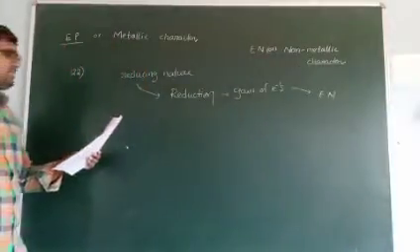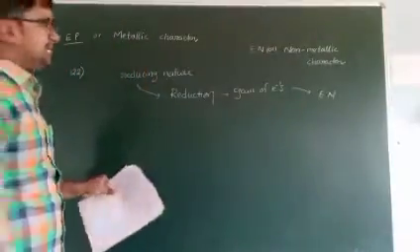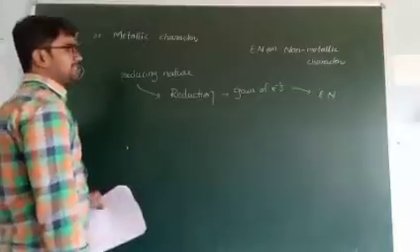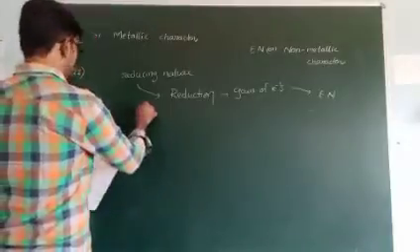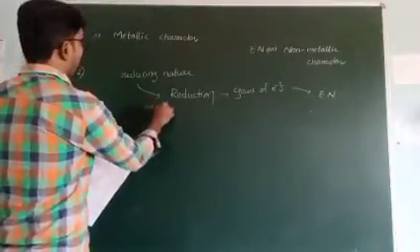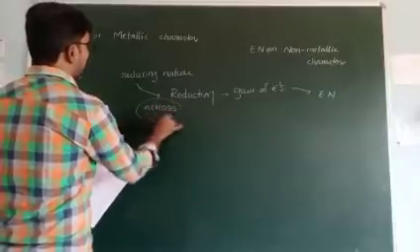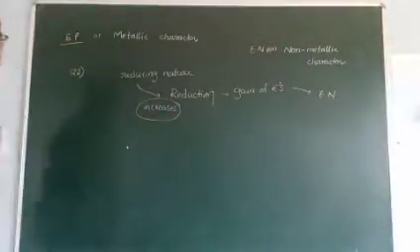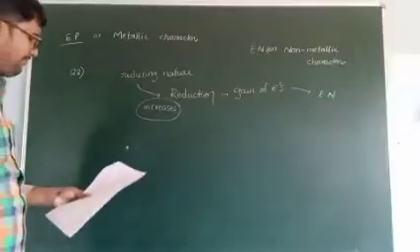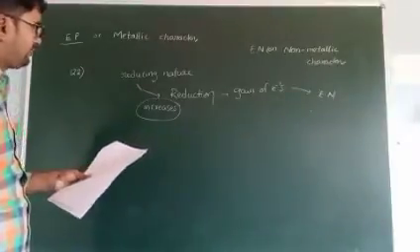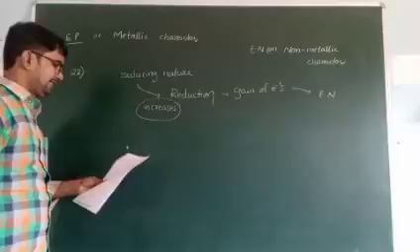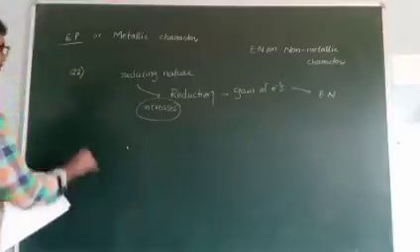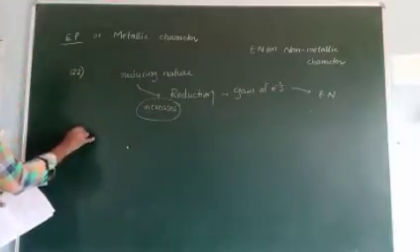Then the reducing nature across the period increases, as electronegativity increases. So the answer for 122 is increases.